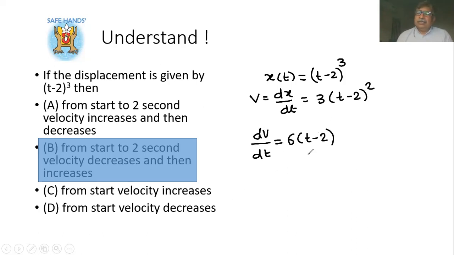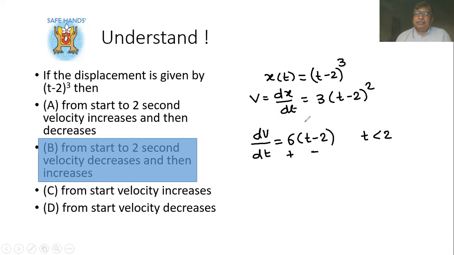And now there is a clear clue that if t is less than 2, then obviously this value will be negative. 6 is always positive, but because t is less than 2, (t minus 2) will be negative. The product of positive and negative is negative.